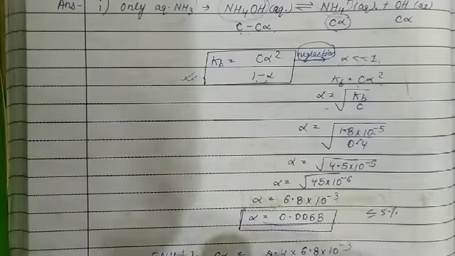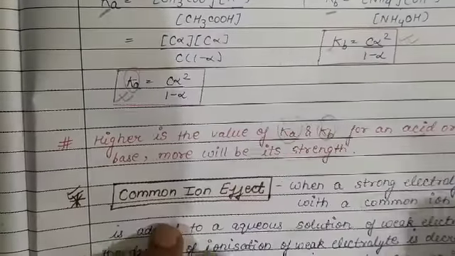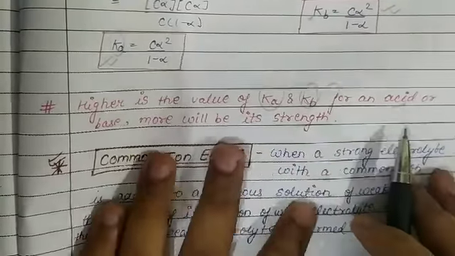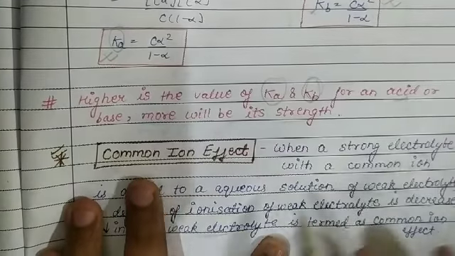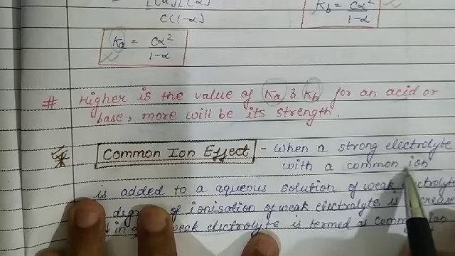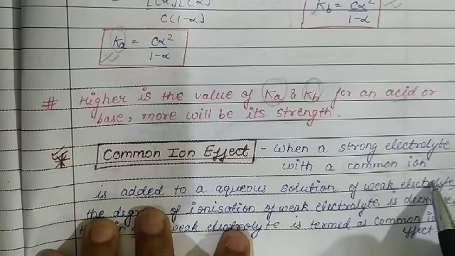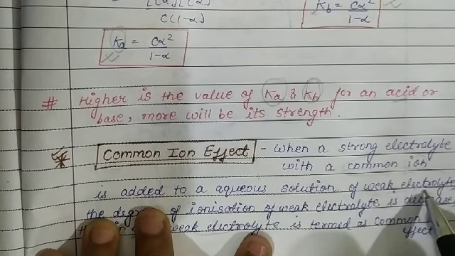Also we will discuss common ion effect revision. What is common ion effect? Common ion effect is when a strong electrolyte containing a common ion is added to an aqueous solution of weak electrolyte. First we have the aqueous solution of weak electrolyte.